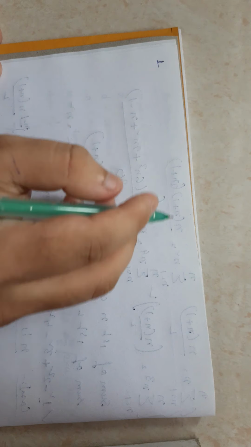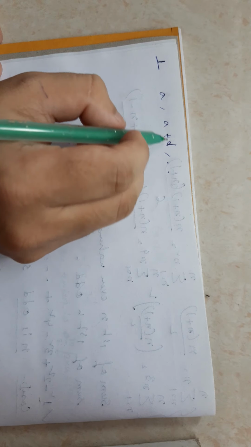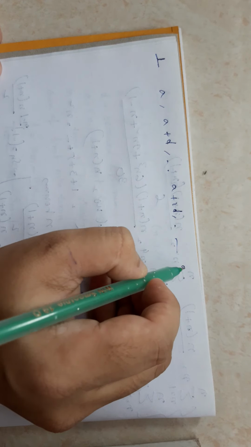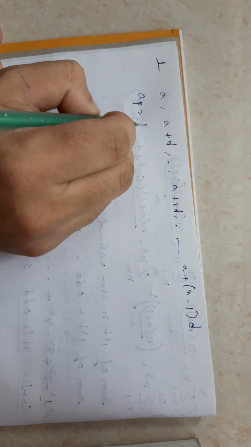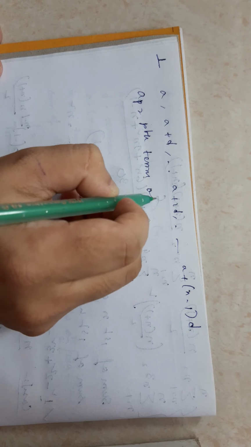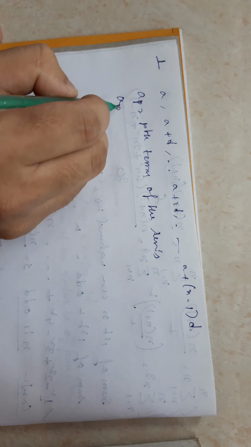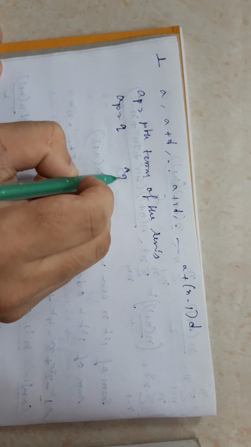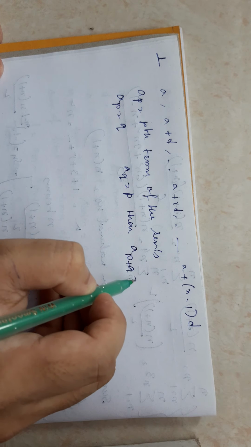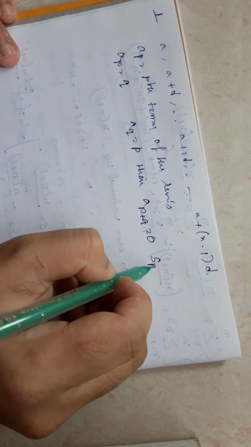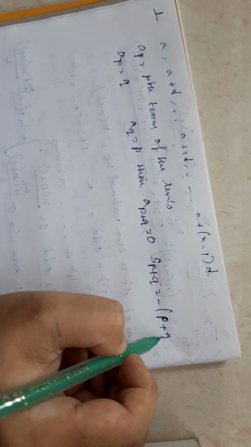Let's assume you are given an AP: a, a plus d, a plus 2d, up to a plus (n minus 1)d. If the pth term of the series is q and the qth term of the series is p, then the (p plus q)th term of the series is 0 and the sum up to the (p plus q)th term is minus (p plus q).